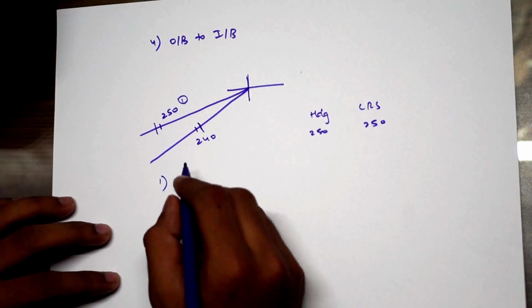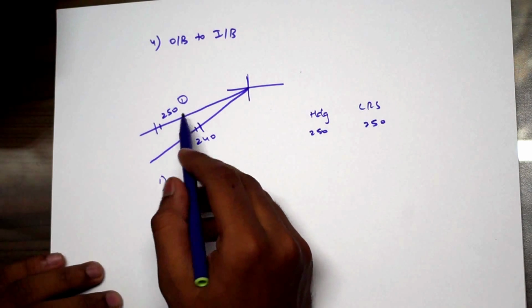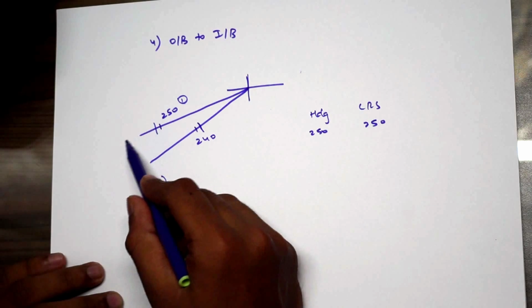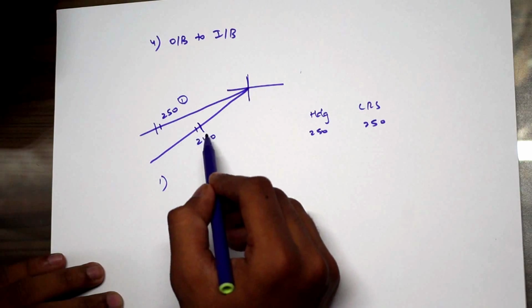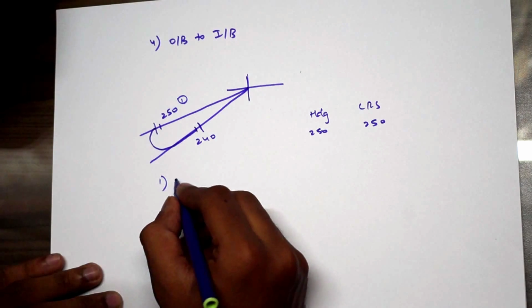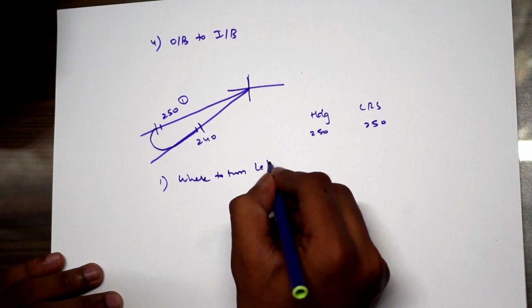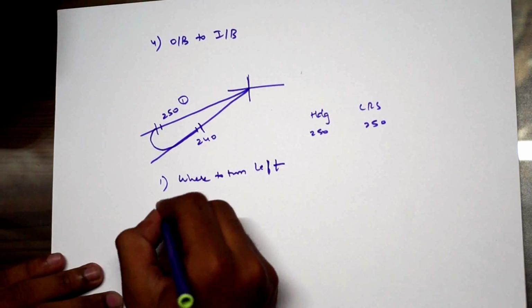So the first step, as we just imagine where you are and where you have to go. So as in this case, imagine you're on 250 going out, you have to turn on to 240. So it's a left turn, as you can see, and imagine as well. So where to turn? It's a left turn. Okay.